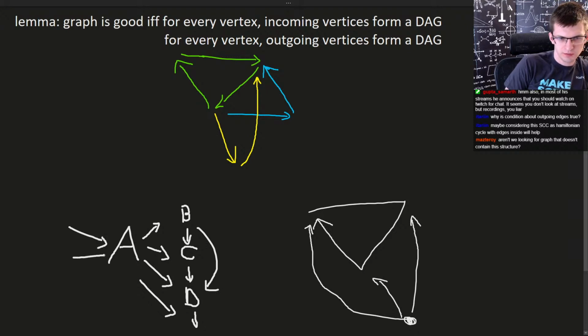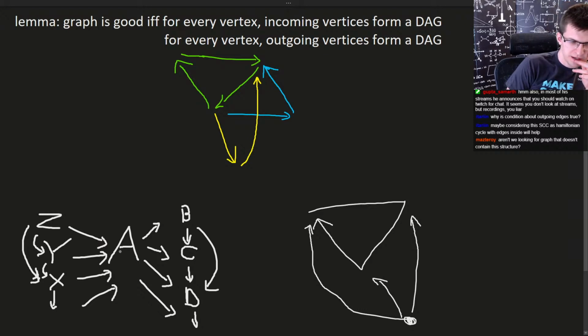Then there are edges coming in. And same stuff. Let's say Z, Y, X, and so on, and now there will be edges between those two groups.